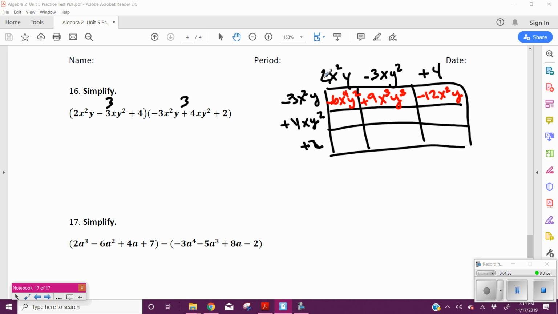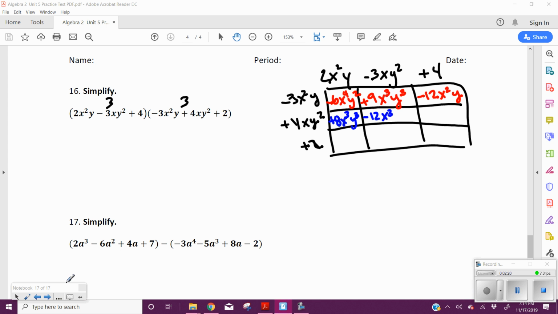Now 4 times 2 is 8. X times x squared, x cubed. Y squared times y is y cubed. 4 times negative 3 is negative 12. X squared times x is x cubed.